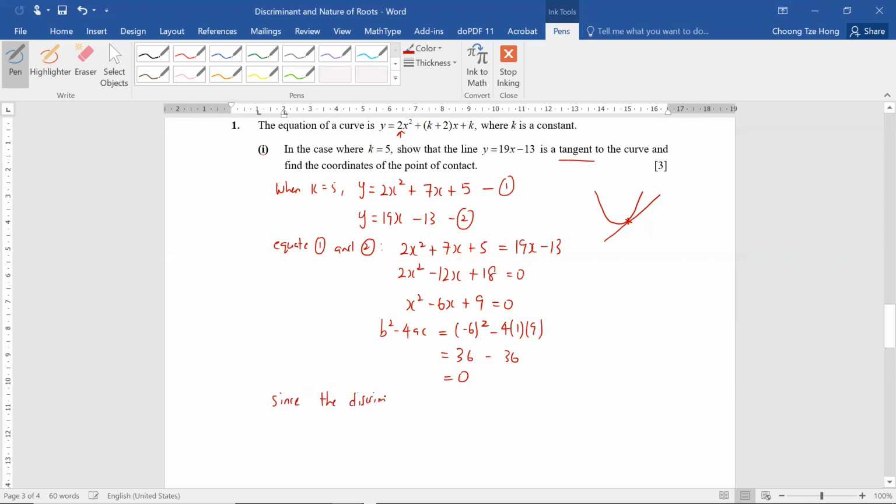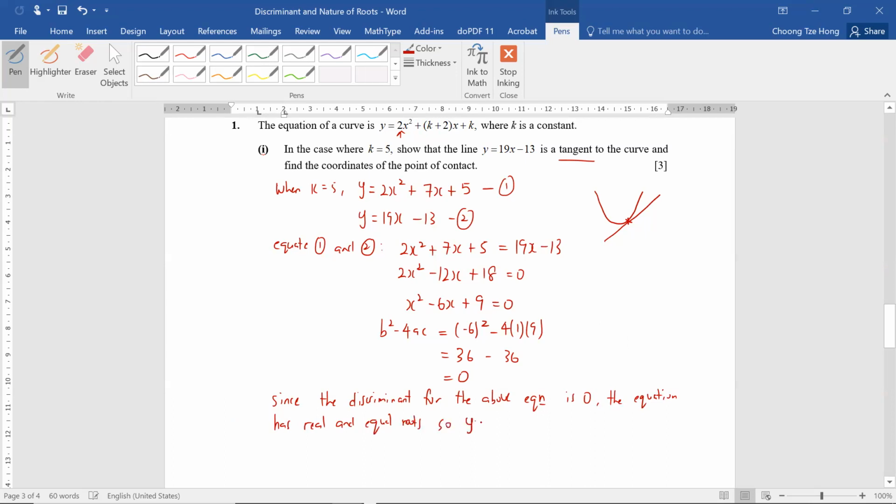So you can conclude that since b squared minus 4ac, let's use the word discriminant now, for the above equation is 0, the equation has real and equal roots.